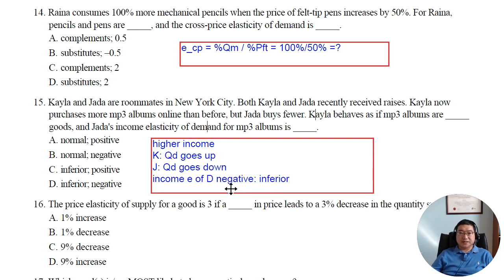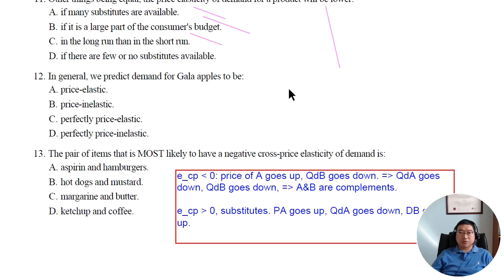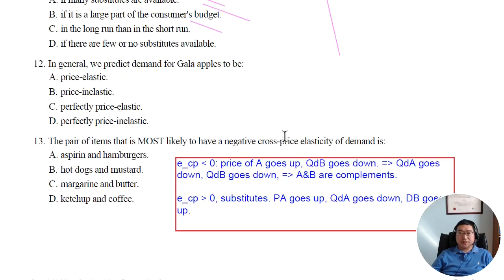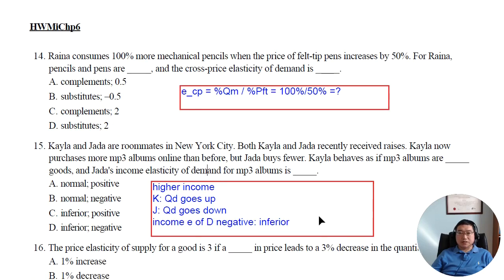If it's negative, it's inferior. But for the cross price elasticity of demand, if it's positive, the two related goods are substitutes. If it's negative, the two are complements. You need to memorize all of this.